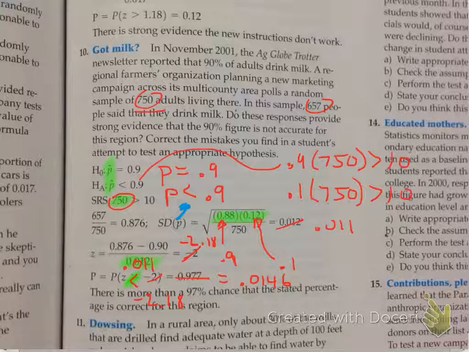And then even if they had the correct percent here, there'd still be an issue with their sentence. So I'm going to go ahead and erase this to start with, and really just the sentence is wrong. So we could put something along the lines of 1.46%, but it's still wrong. It's not that there's a 1.46% chance that the stated percentage is correct for this region. It's if the null hypothesis is true, right?